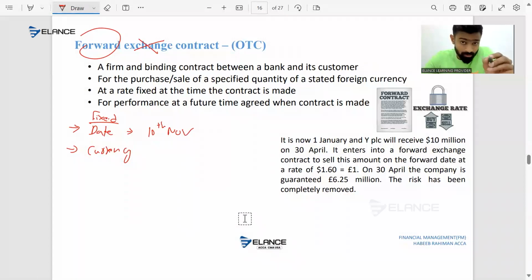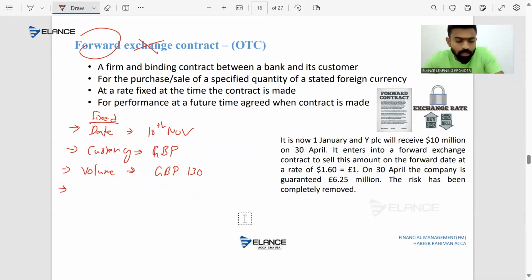Which currency do you require? Pound, dollar, which one? Pound, GBP, pound sterling. And we fixed the volume of currency. How much GBP? 130.